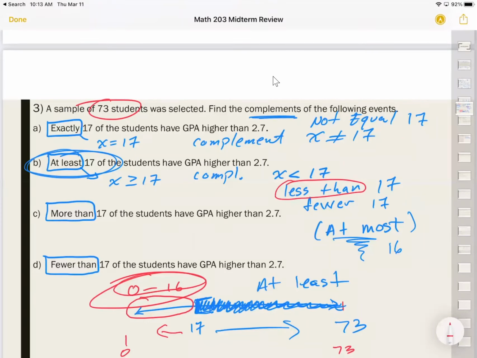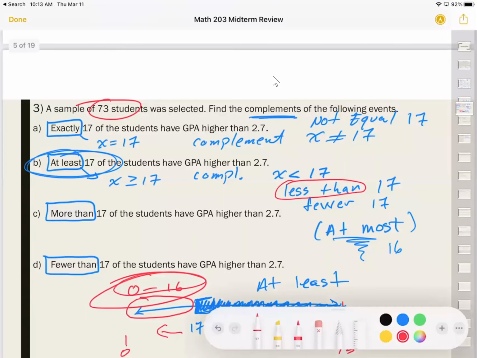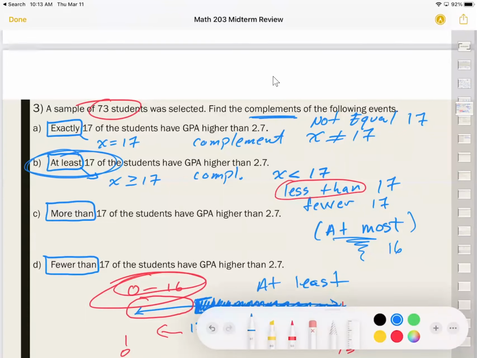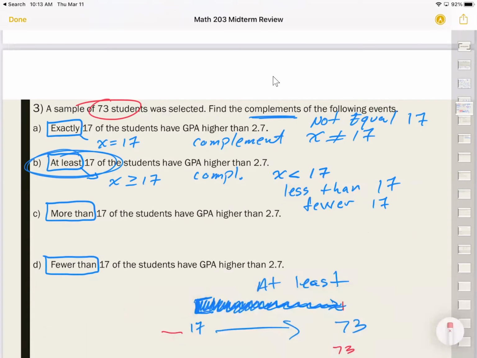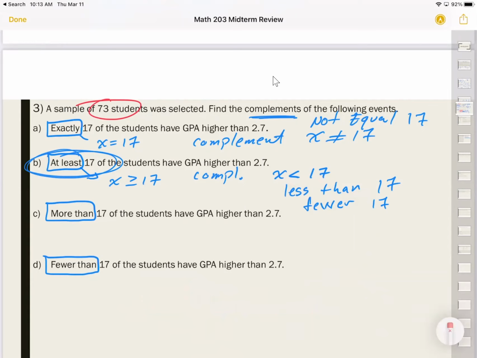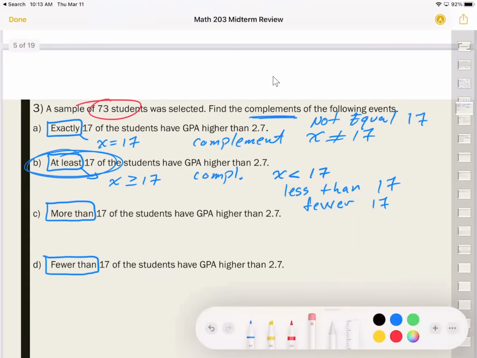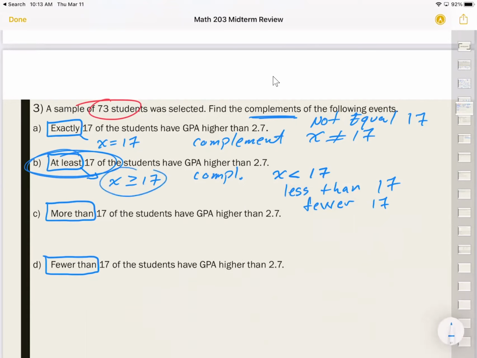So in the sense of this thing here, that's the hardest part: how do we take this description and see what we have? One way that you can do it is to write it as an inequality, and then translate that to English.